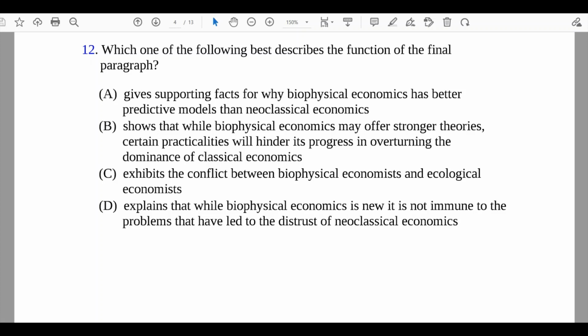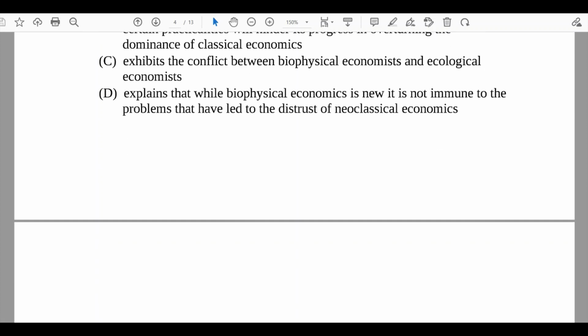Answer D explains that while biophysical economics is new, it is not immune to the problems that have led to the distrust of neoclassical economics.